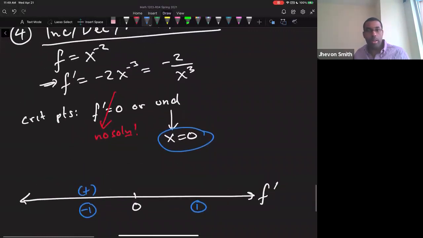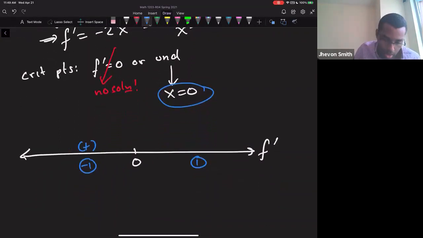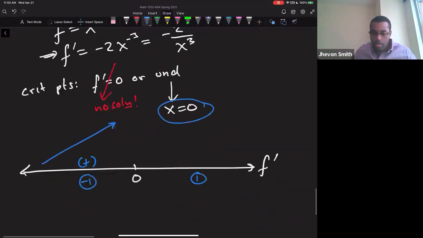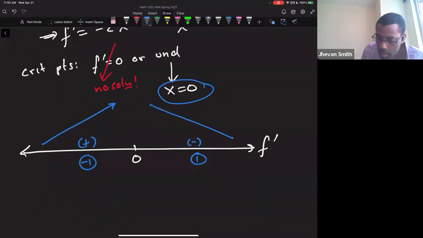Positive first derivative means what? Increasing. It means it's increasing. Okay, so I know the graph is going up as I move from left to right. If I plug in 1 into the first derivative, that's minus 2 divided by 1. That's going to be a negative number. So on this side, it's negative, which means it's going down as I move from left to right.